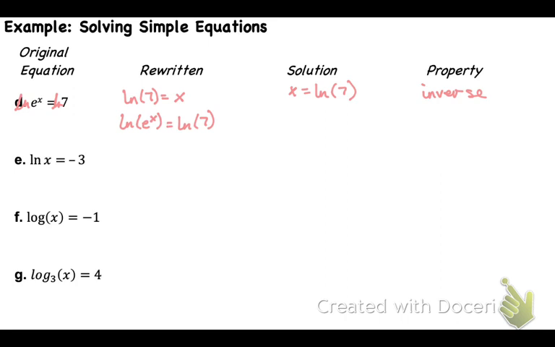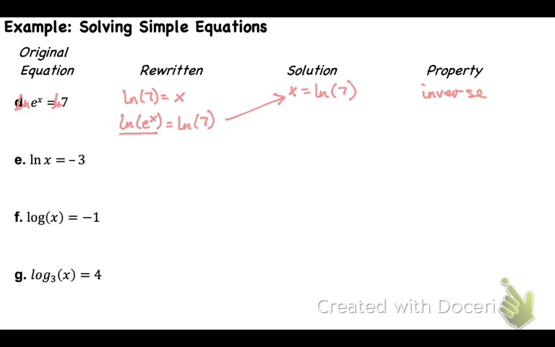I can do whatever I want to an equation as long as I do it to both sides. Now, natural log of e to the x is just x. And I still get x equals the natural log of 7.